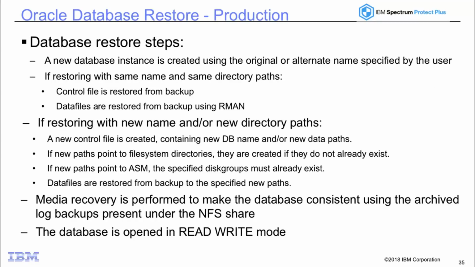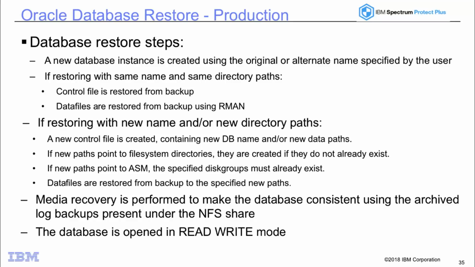For production, the steps are going to be a little bit different. A new database instance is going to be created using the original or alternate name. If you're restoring with the same name and same directory paths, the control file is going to be restored and the data files are restored from the backup using RMAN.